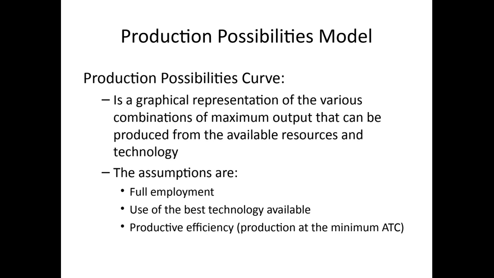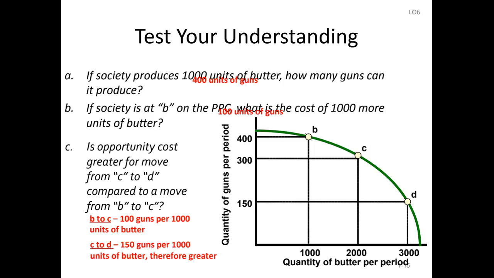This is a typical shape of the production possibility curve or frontier.